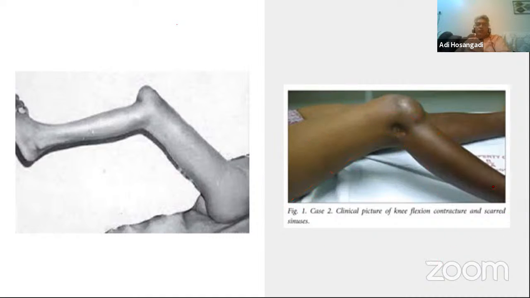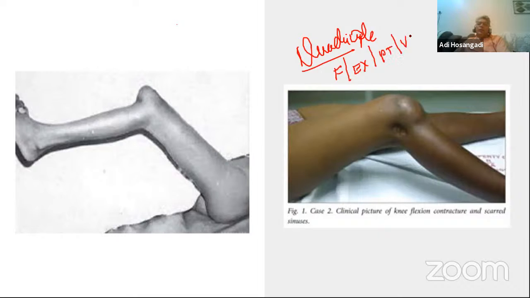In fact, if you are intelligent, please remember it is a quadruple deformity. The general practice is triple deformity, but please remember flexion, external rotation, posterior translation of the tibia, and valgus of the knee.